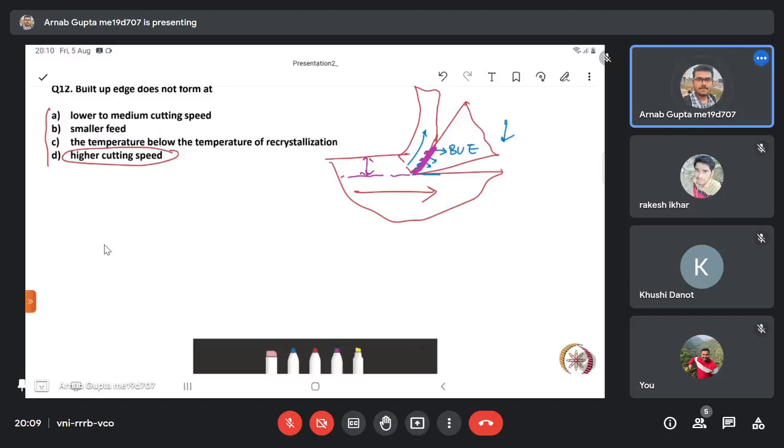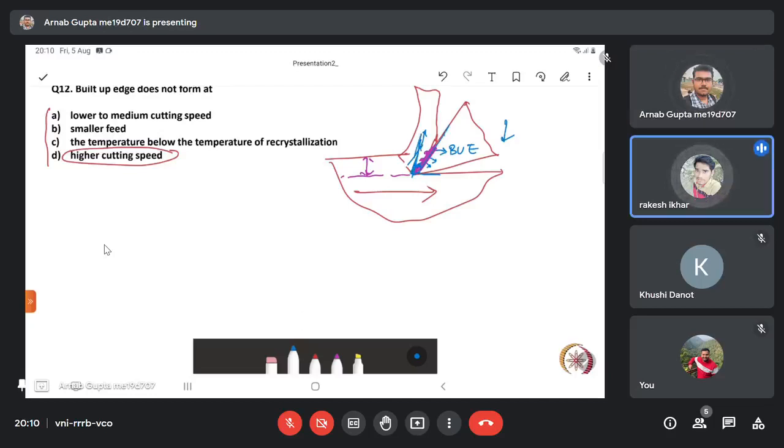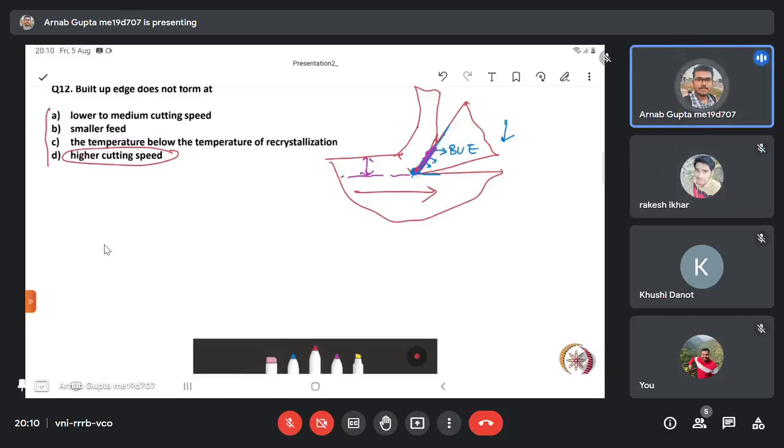First of all, it changes the rake angle, right? Initially the built-up edge increases the strength of the tool, but later on it decreases its life. It also decreases the rake angle. Suppose initially the tool looks like this. After built-up edge has formed, it will become somewhere here.